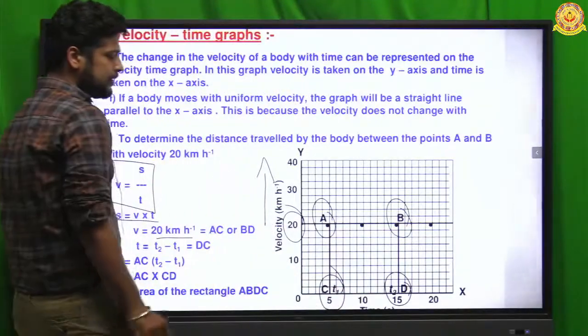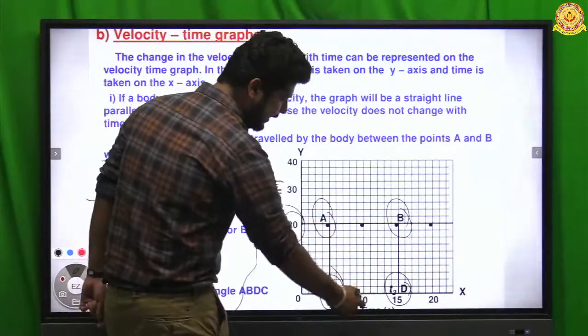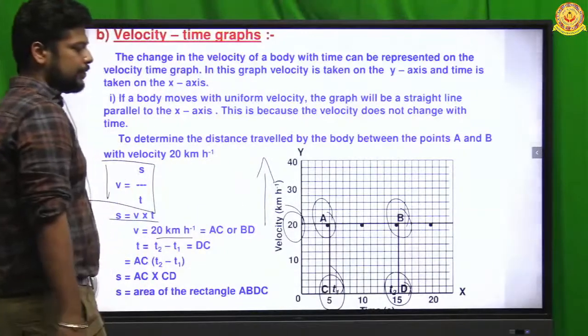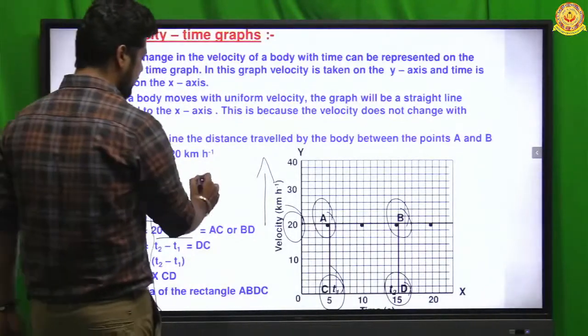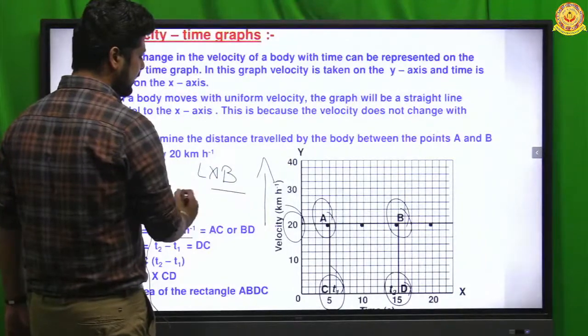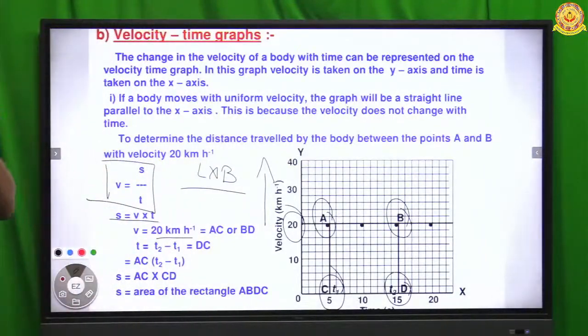Now what shape do you see in this ABCD? The shape is a rectangle, and the area of a rectangle is length multiplied by breadth. So the area under the VT graph always gives us distance and displacement.